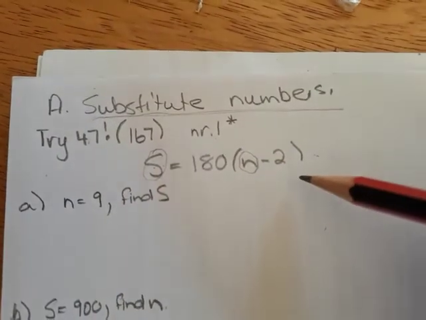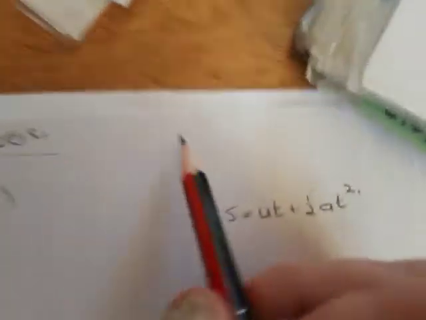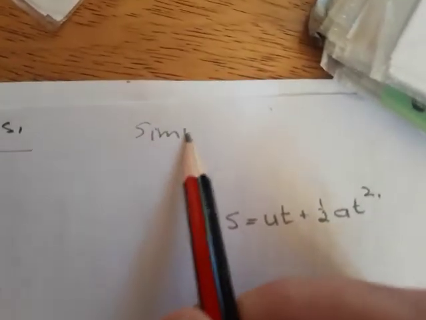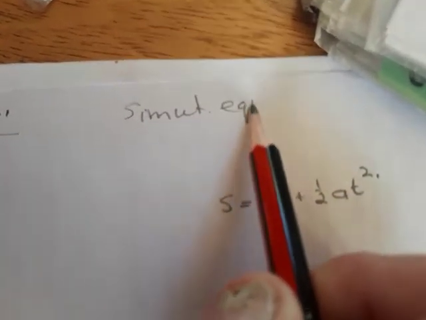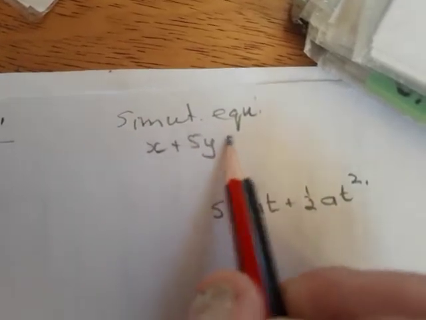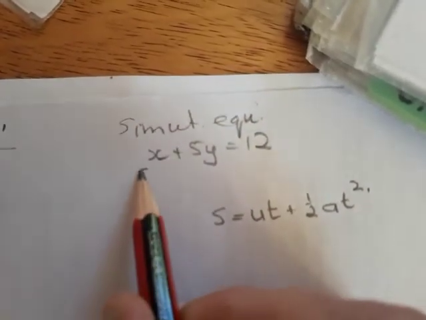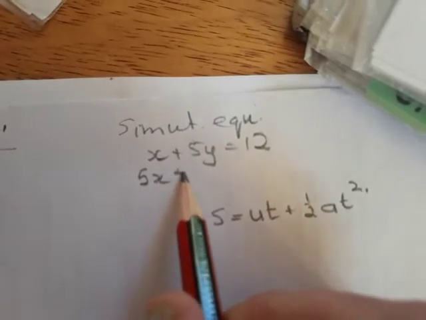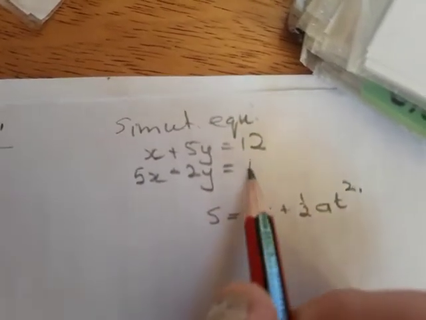So I repeat, we've done simultaneous equations, okay? Remember, there we had something like x plus 5y equals 12 and say 5x minus 2y equals 10.